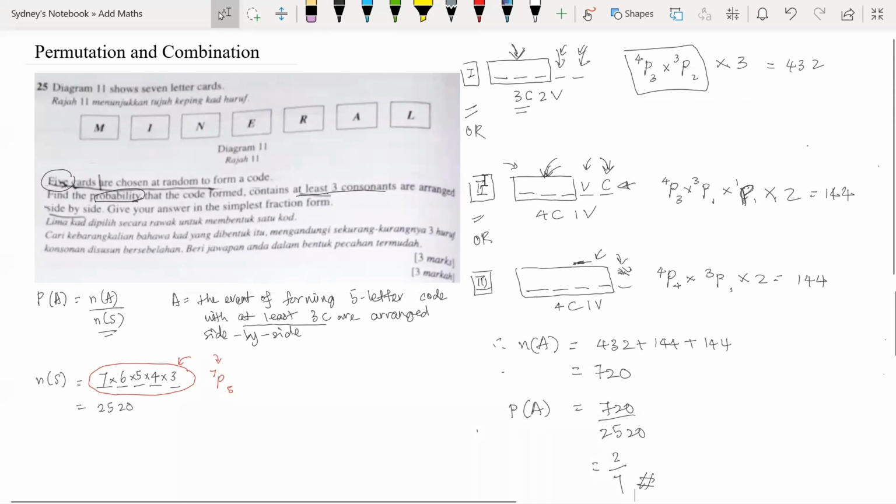For the second scenario, the team of the 3 consonant group has to swap from the first position to the last position, so 2 ways that this will happen. For the last case scenario, the 4 consonant group can be either at the front or at the back, so 2 ways. After the normal permutation, we just multiply by how many ways it can occur.